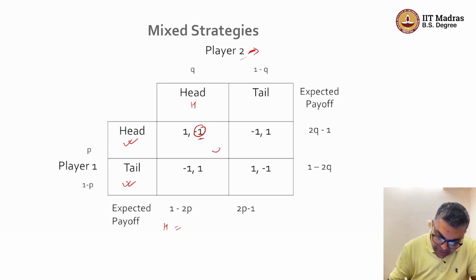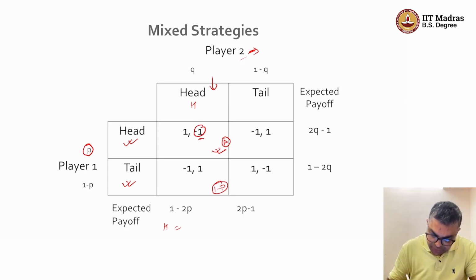They will land in this box with probability p. Remember, player 2 has decided to play head and player 1 is mixing between head and tail. So with probability p here, with probability 1 minus p here. So minus 1 multiplied by p and 1 multiplied by 1 minus p.